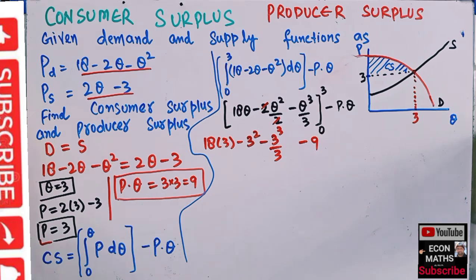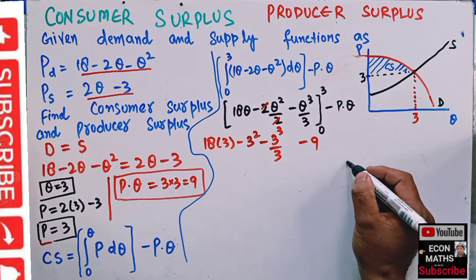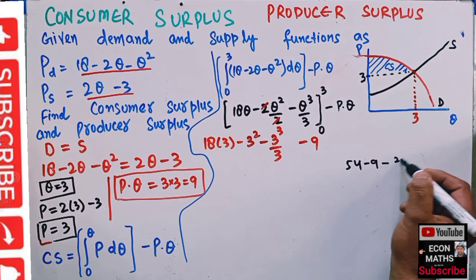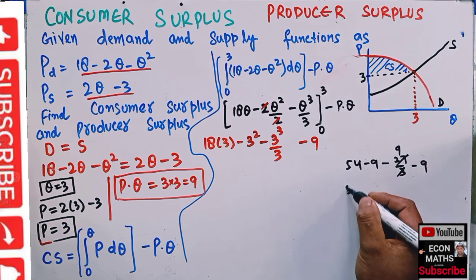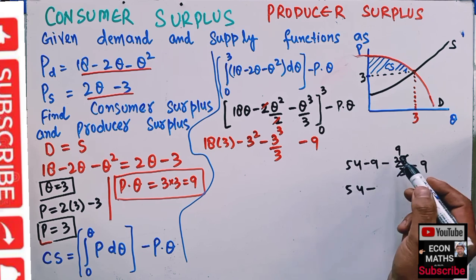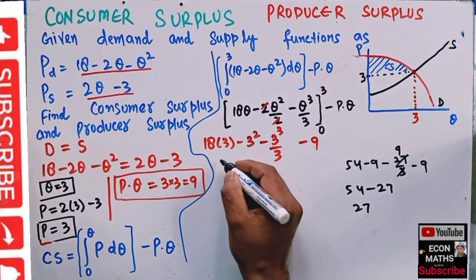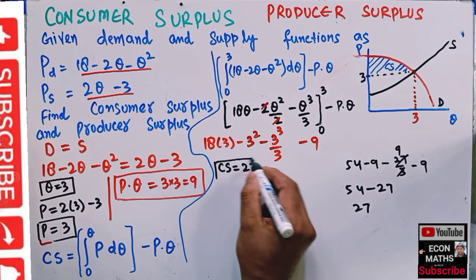When we solve this, this is 54 minus 9, this is 27 divided by 3 minus 9, this is also 9. Now we have 54 minus 9 and 9, this is minus 27, so we will get 27 as consumer surplus. So we got consumer surplus is 27.